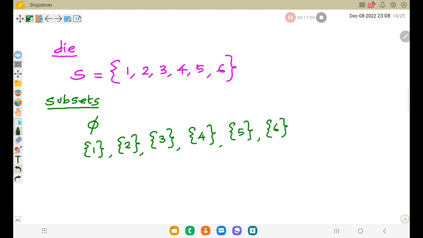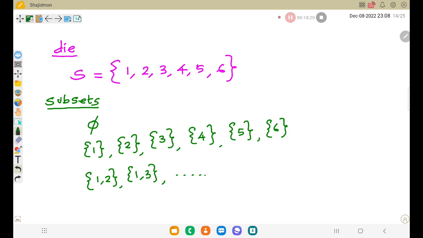All of you remember this from module 3, how to write the subsets. We studied the power set, the set of all subsets, correct? Now what are the two-element subsets? {1, 2}, {1, 3}, {1, 4}, I am not writing all the subsets, but two-element subsets we can write, correct?